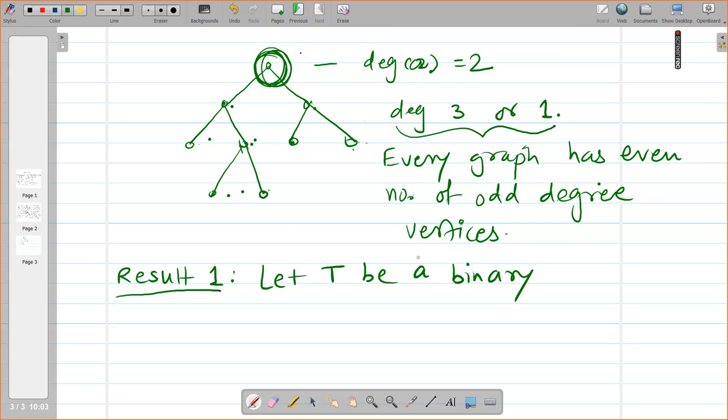Please remember this. Let T be a binary tree with n vertices. Please write down the result.